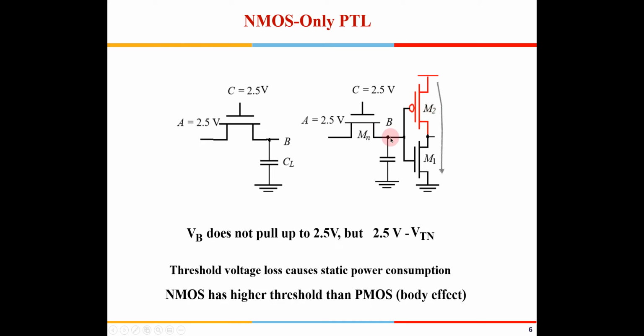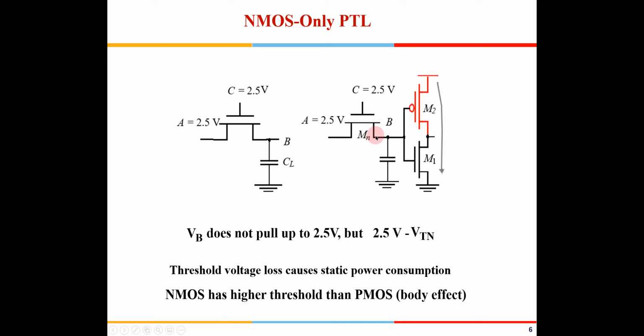But the problem is more serious here, because this transistor suffers from body bias. What is body bias? If the source is at a higher potential than the body, which is at ground, then the VTN increases. So this transistor has a body bias issue, because of which the VTN increases.